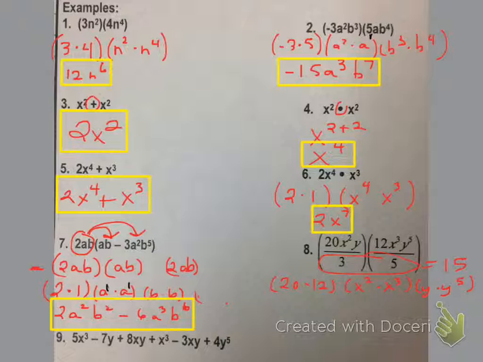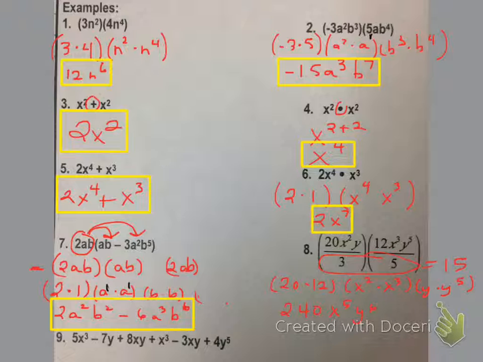Let's go ahead and simplify that. 20 times 12, 240. X squared times x to the 3rd, x to the 5th. Y times y to the 5th, y to the 6th.